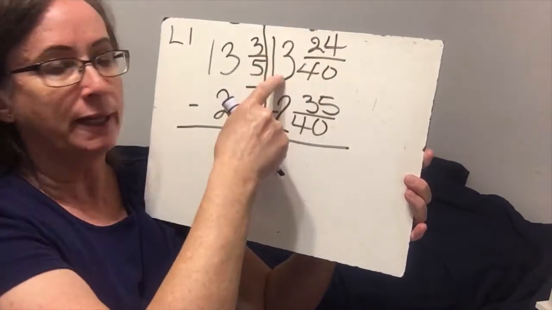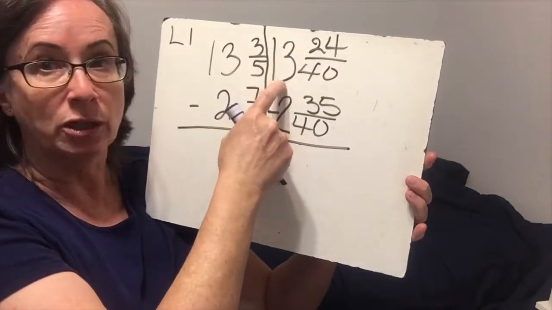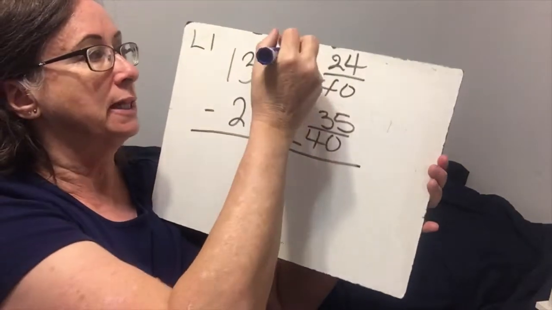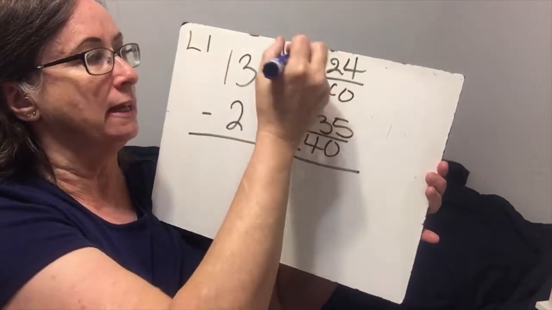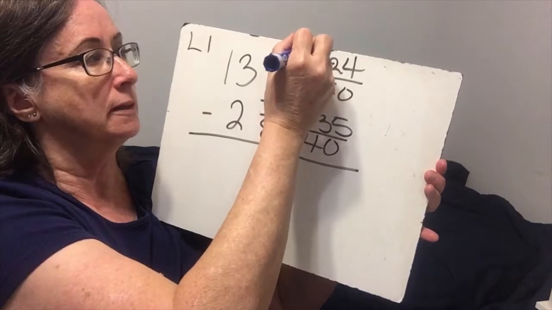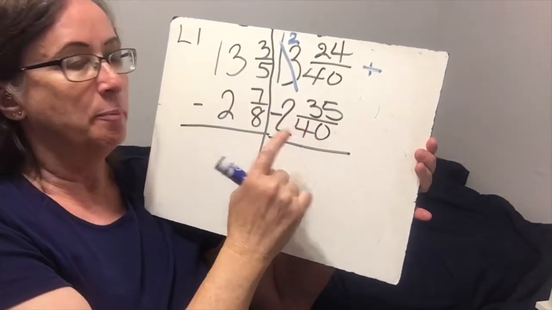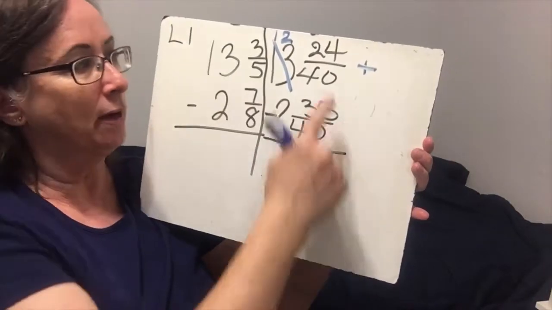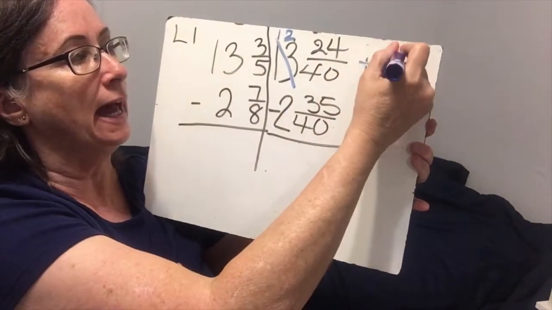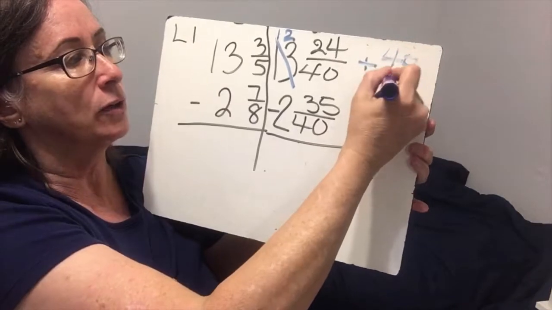We're going to come over here to the 13 and we're going to take 1 away from the 13, which makes that a 12. And we're going to add 1, but 1 will be in the form of 40 over 40. So we're going to add a 40 over a 40.